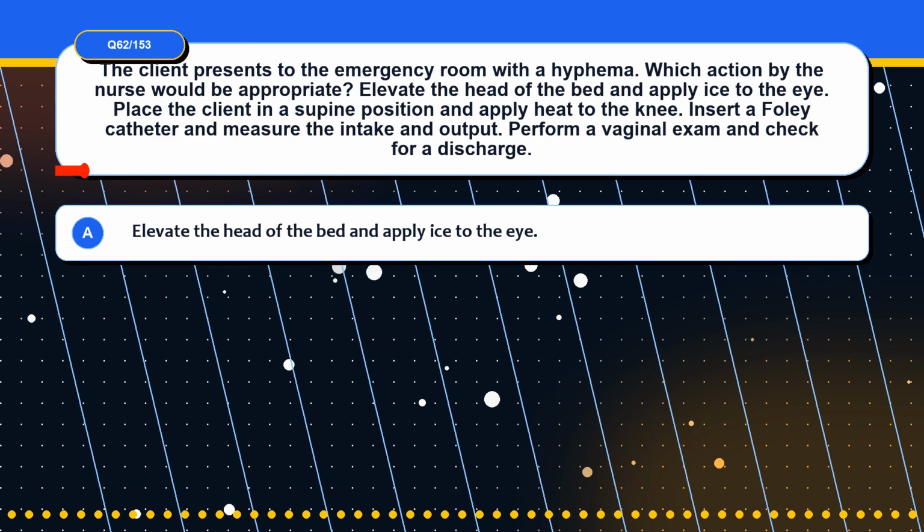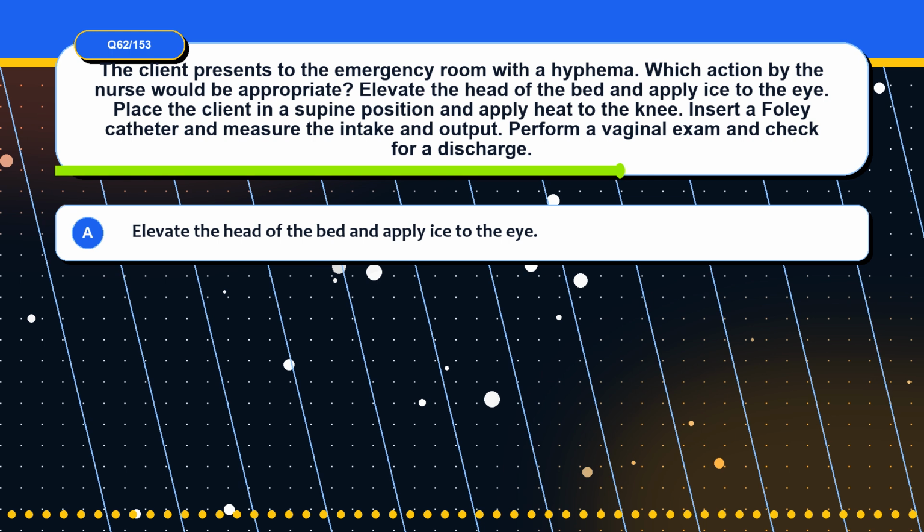Question 62. The client presents to the emergency room with a hyphema. Which action by the nurse would be appropriate? Elevate the head of the bed and apply ice to the eye. Place the client in a supine position and apply heat to the knee. Insert a Foley catheter and measure the intake and output.